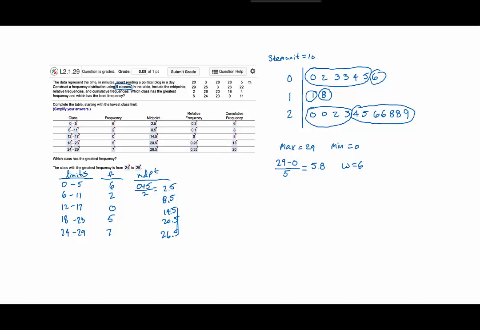For the relative frequency, we would divide each of the frequencies for each class by the total number of data values.